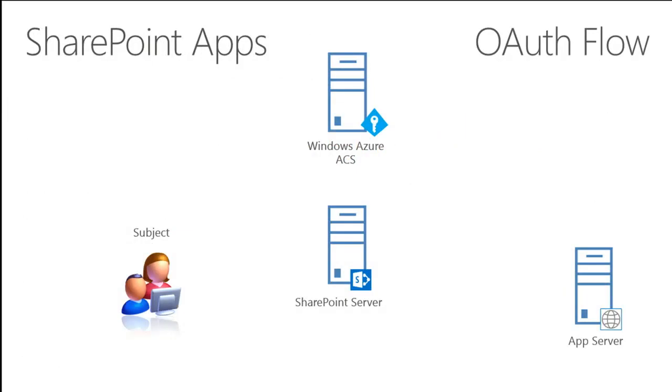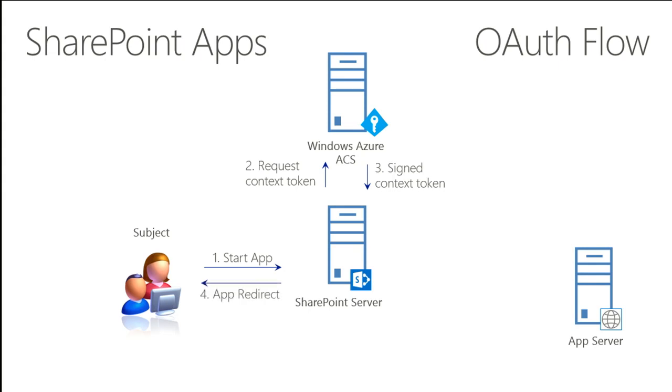So the overall flow should be this one. You have a subject that wants to start an app. It will ask SharePoint to start that specific target app. SharePoint will request a context token, and we'll get back from Windows Azure ACS a signed token. We are in Office 365 in this scenario, of course.